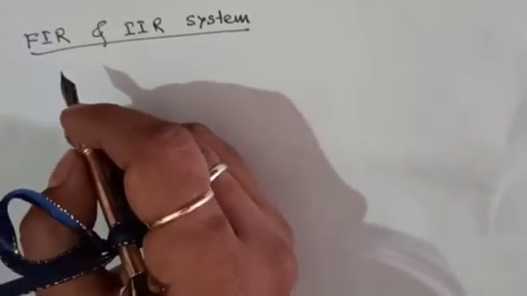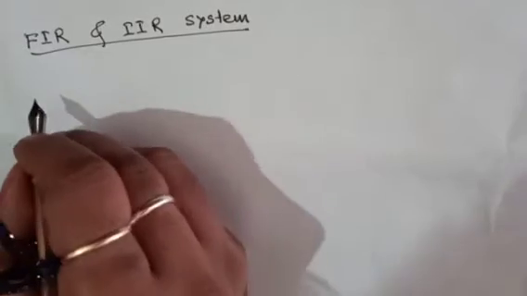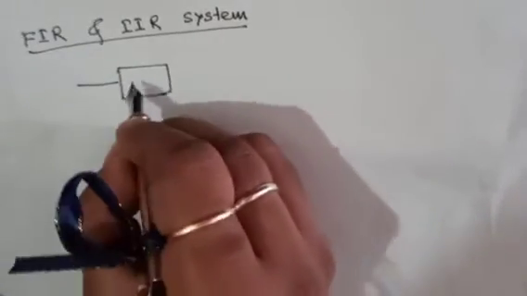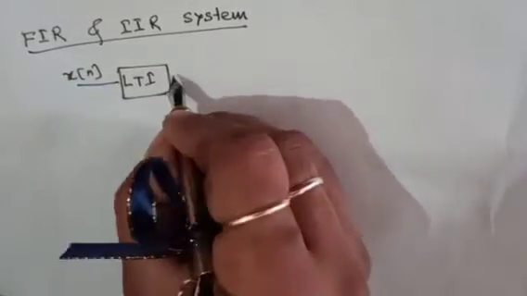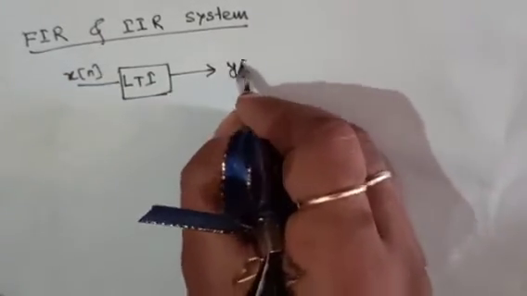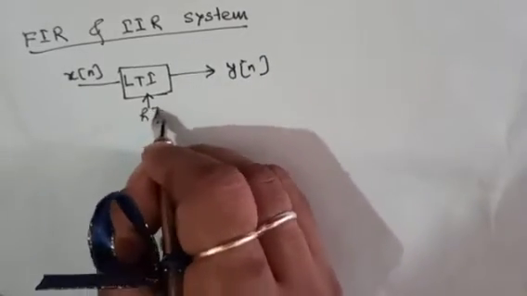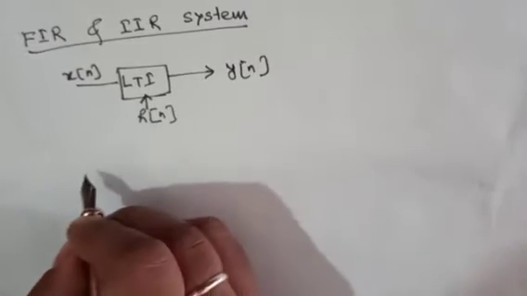So, FIR and IIR systems. For any discrete time LTI system, for any arbitrary input, say x of n, and output, say y of n, the system is characterized by the impulse response h of n.